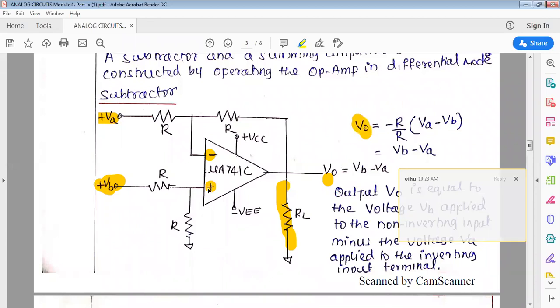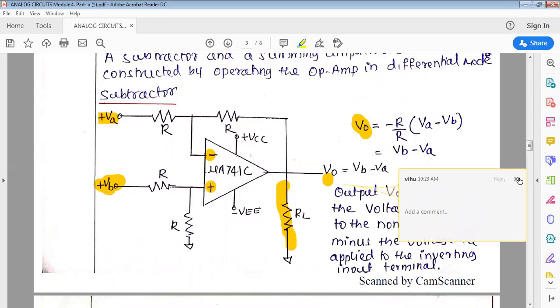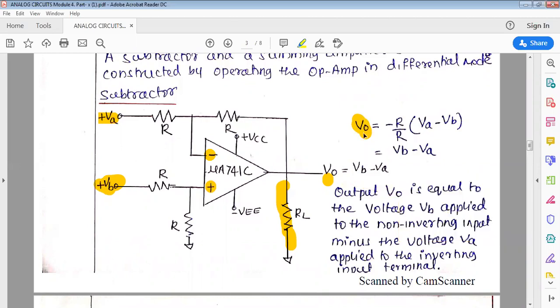Now, as the non-inverting input terminal is grounded, basically I will treat it as an inverting input configuration. And if it is an inverting configuration, then I can write the output voltage V0 as the gain of the inverting amplifier multiplied by the input voltage that is applied. Right?